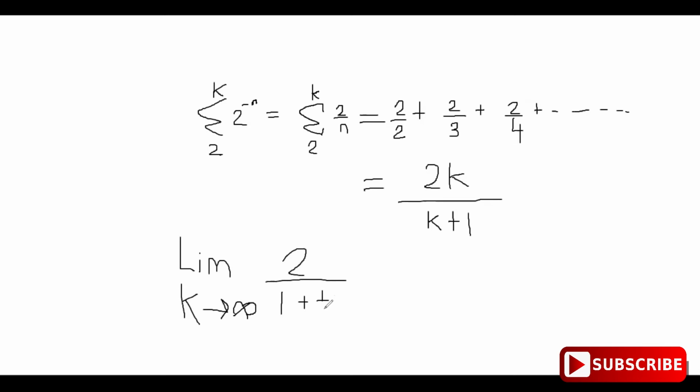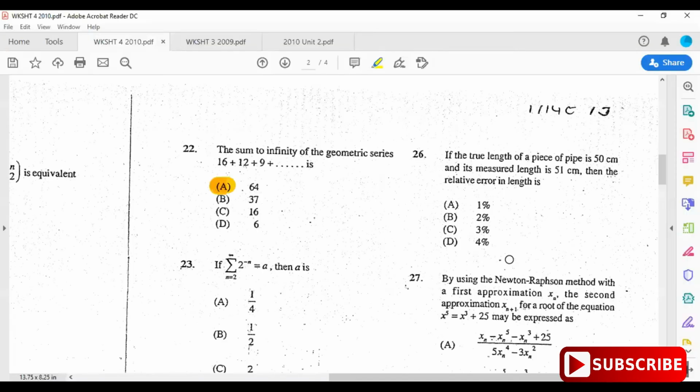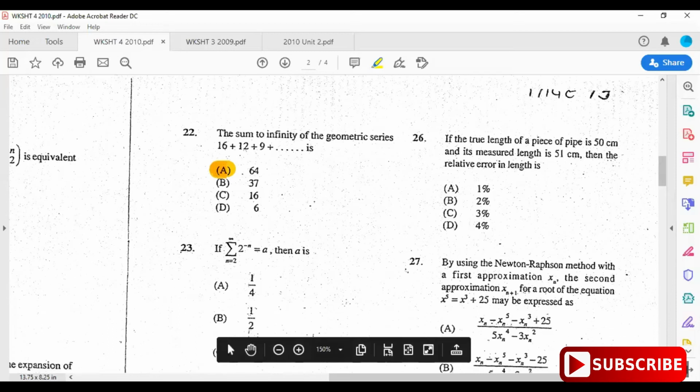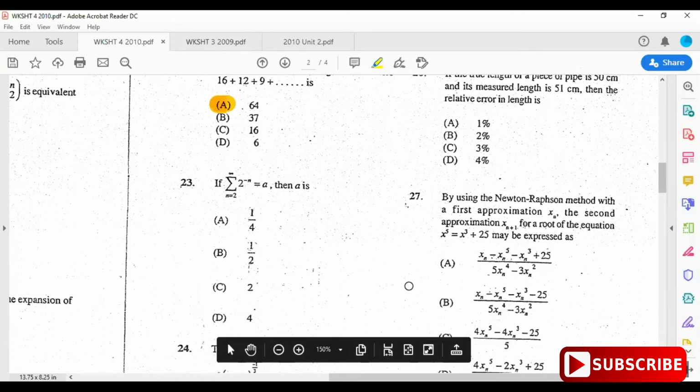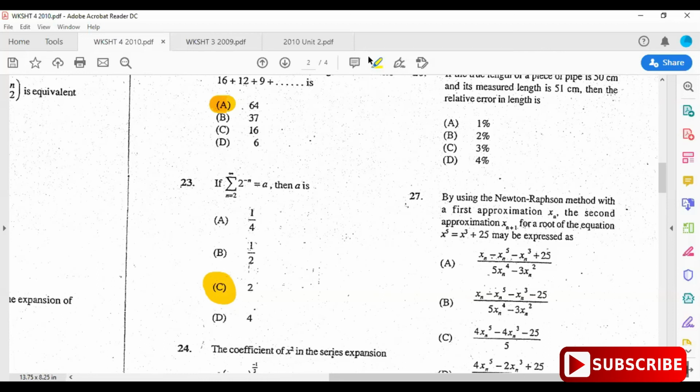As k goes to infinity, it is 2. So it is converging, and it is converging to 2. Didn't see that one coming. All right, so that's what you'd have to do. Easy question.